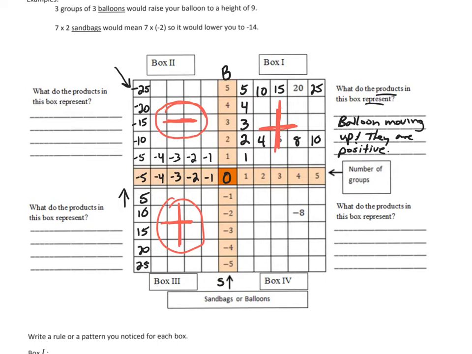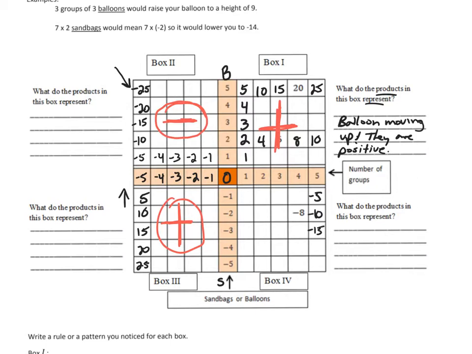One more box to go. Now we're going to be adding groups of sandbags. Well, let's do the 5s. If we add 5 groups of 1 sandbag, we go down, -5. If we add 5 groups of 2 sandbags, -10.